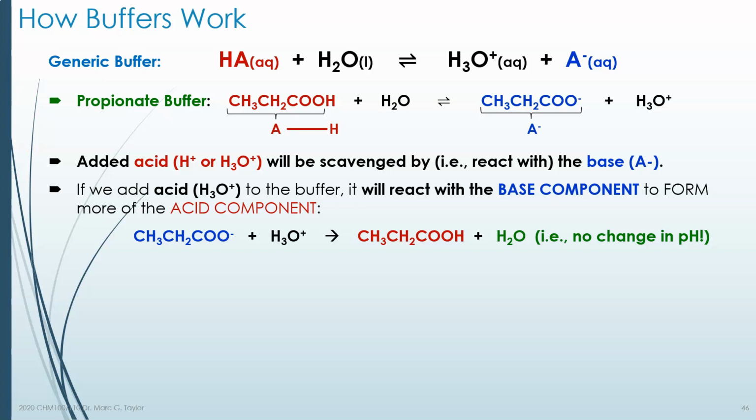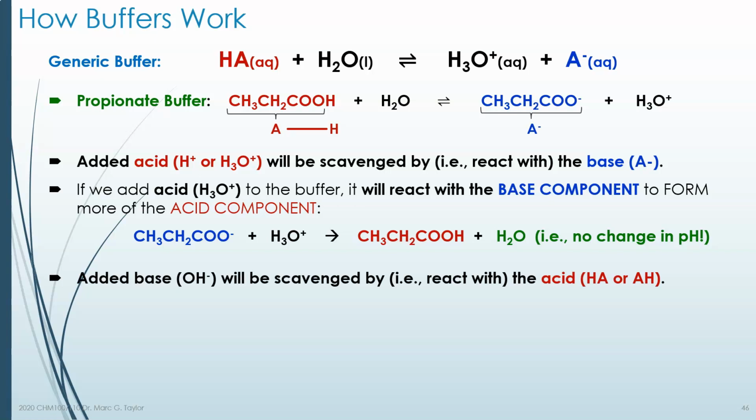So we're using the acid we add to just change our buffer ratio so that we have a little more of the acid component in the end, in red, the propionic acid, that was formed from the base component in blue. And in the process, look what happens to the H3O+. It's turned into neutral water, which has no effect on the pH. And that's how the buffer works to scavenge added acid. It uses its base component.